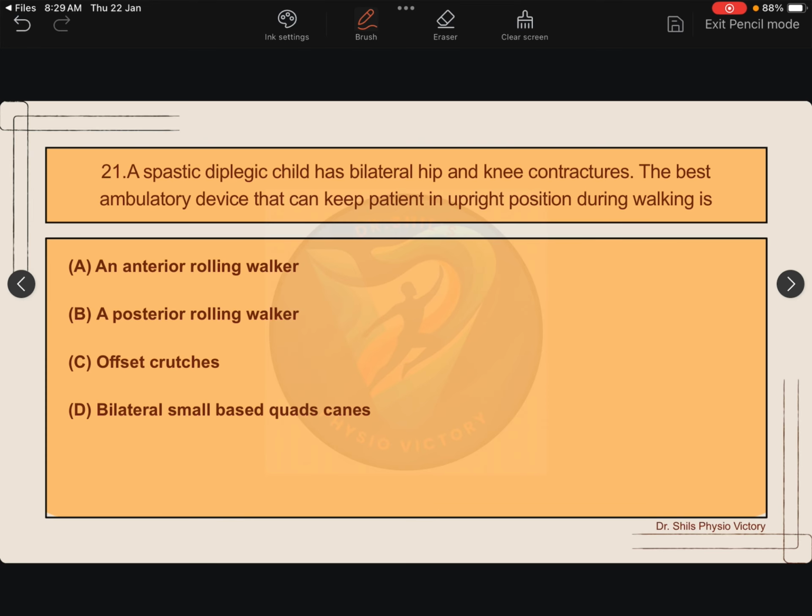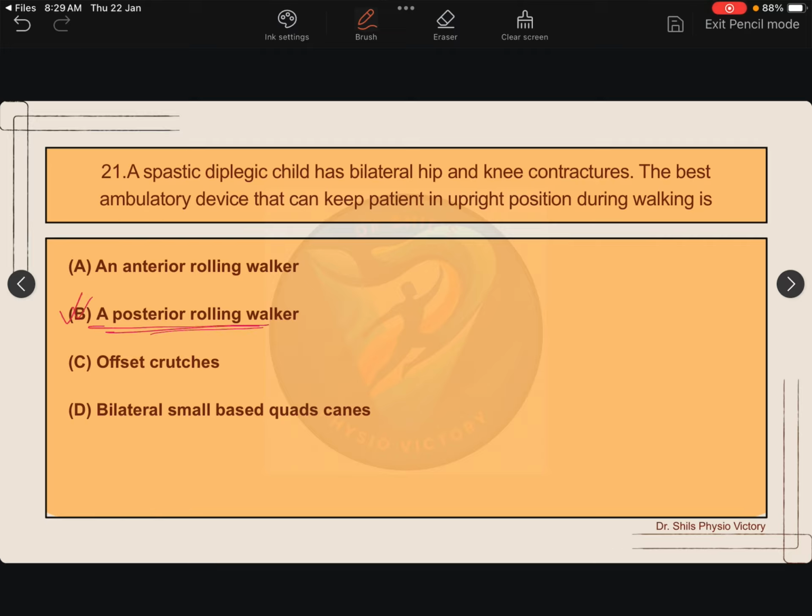The best ambulatory device that can keep the patient in upright position during walking is option A, an anterior rolling walker, option B, a posterior rolling walker, option C, offset crutches, option D, bilateral small base quad cane. Here the correct answer is option B, posterior rolling walker.